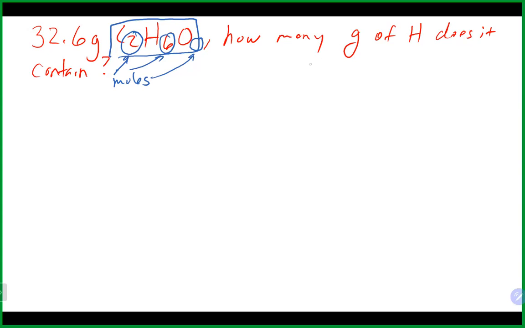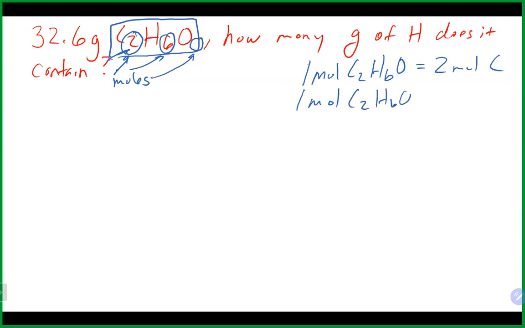For example, from this formula, we could say 1 mole of C2H6O has 2 moles of carbon. And again, that 2 is obviously the 2 that we see in the formula. We could also say for 1 mole of the entire thing, how many moles of hydrogen would it have then? It would be 6. And again, it is the number that we see here, 6 moles of hydrogen. And we could also say in 1 mole of the entire thing, it would have 1 mole of oxygen, which obviously would be no number that is written there.